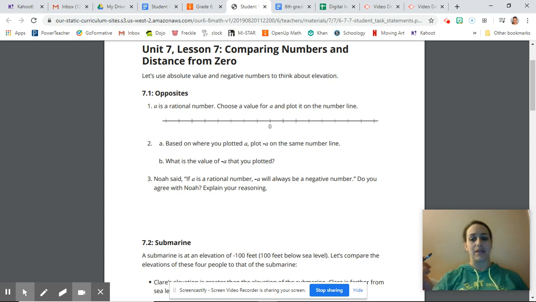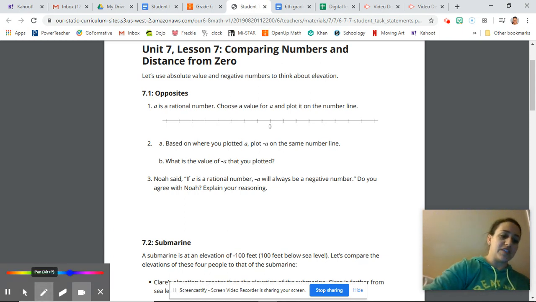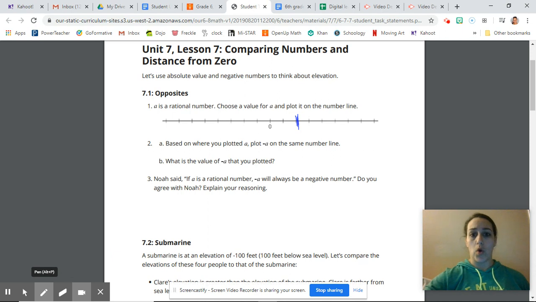It can be positive, it can be negative, it can even be fractional, because it's a rational number, not an integer. But for sake of ease here, I'm going to pick the number 2. We're going to label it as A.